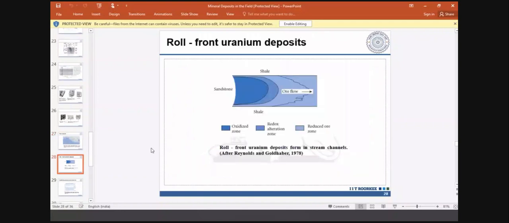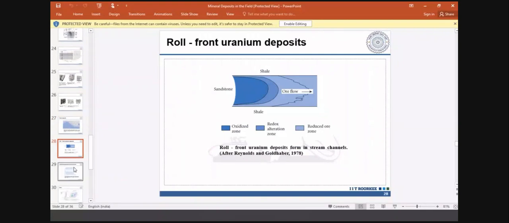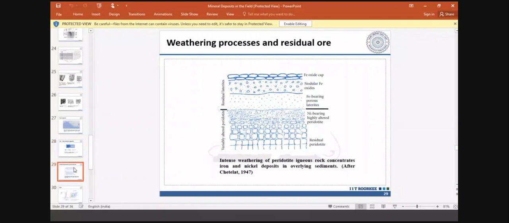This is a model given for deposition of the uranium in the roll front. Of course, in sedimentary petrology, you must have studied all these things. When we study uranium, we will discuss. This is a section to show how rocks transform. They give rise to different types of fabric in the original rocks, and finally it can give rise to mineral deposits.